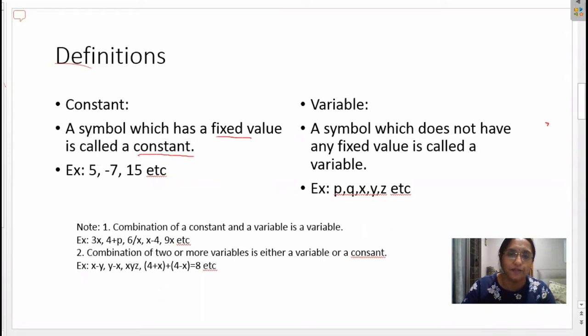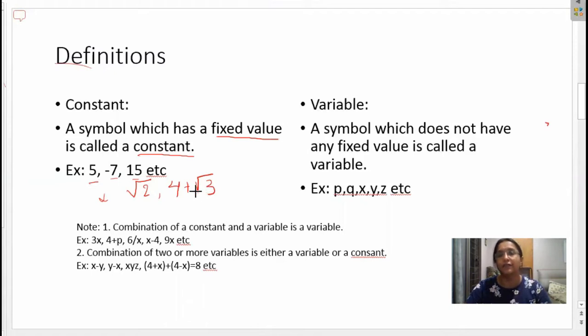It has a fixed value. If you represent 5, it will be 5 only. It can't become 4 or 3. It is fixed. Similarly, -7 is fixed, 15 is fixed. If I take √2 or 4 plus √3, these are all numbers.